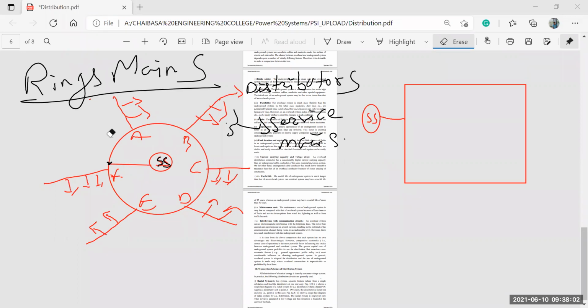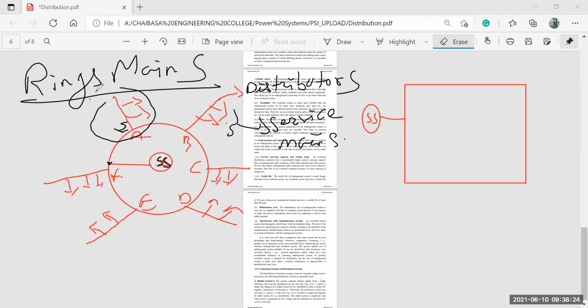Now, what happens if a fault occurs at any point of the segment? If a fault occurs in this particular unit, only this would be terminated.